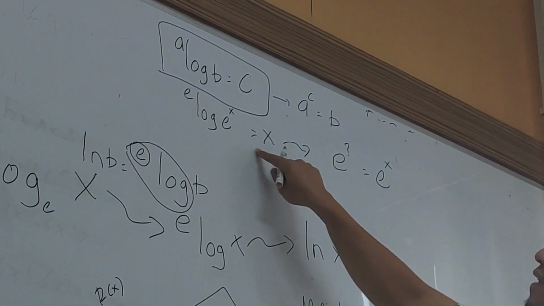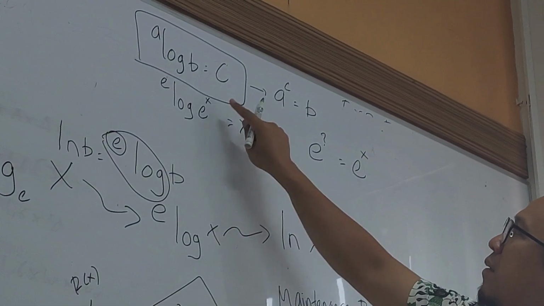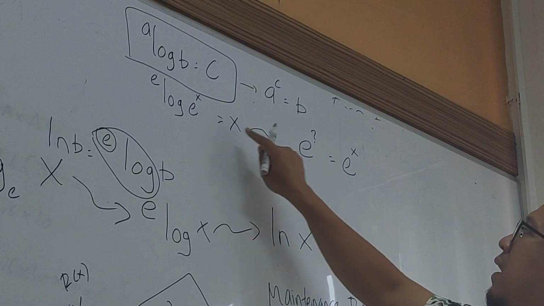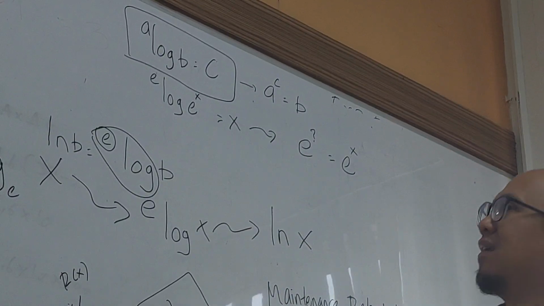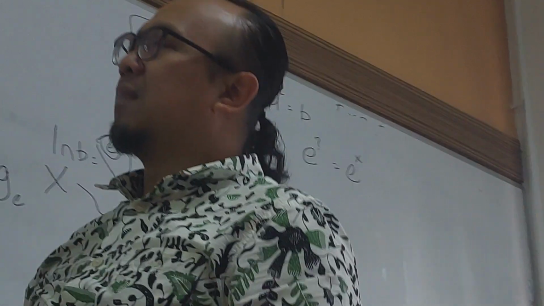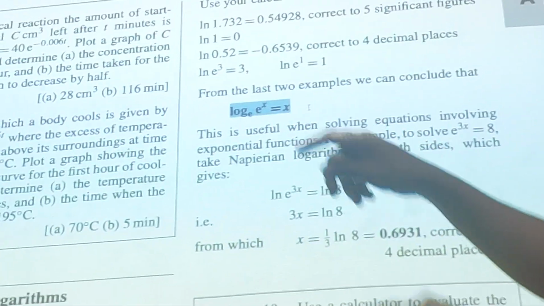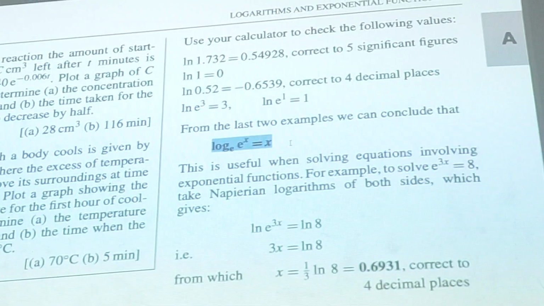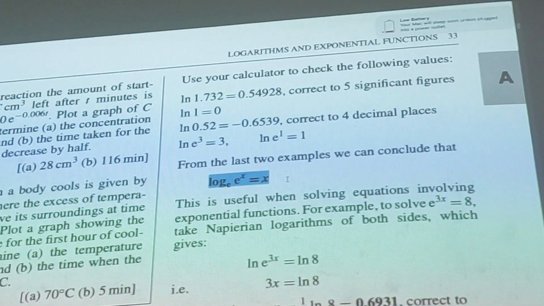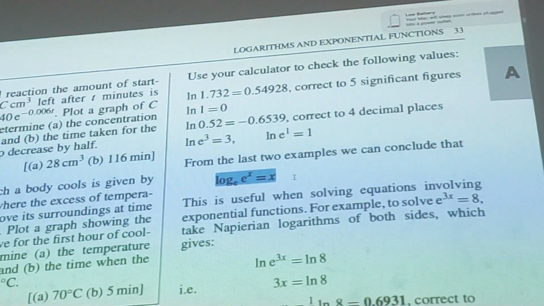So this one, log base a of a to the power x equals x. So how to get this result? Please remember this basic logarithmic function.